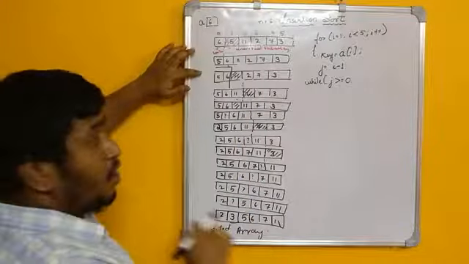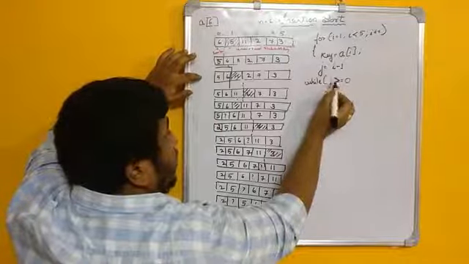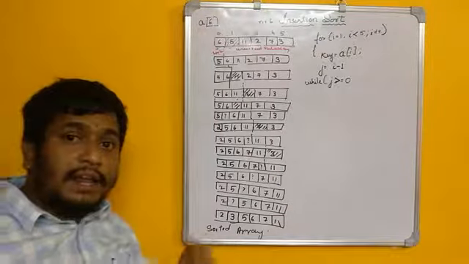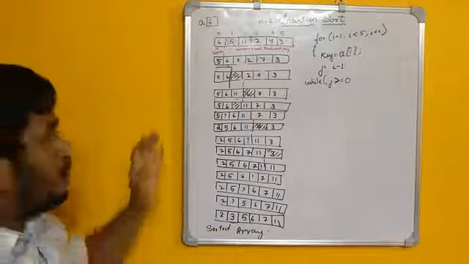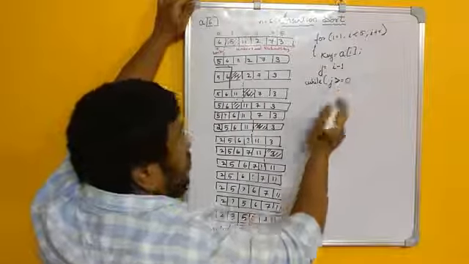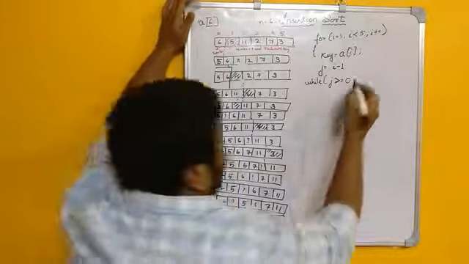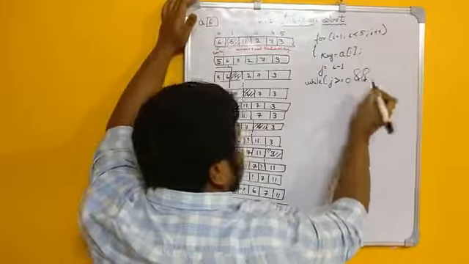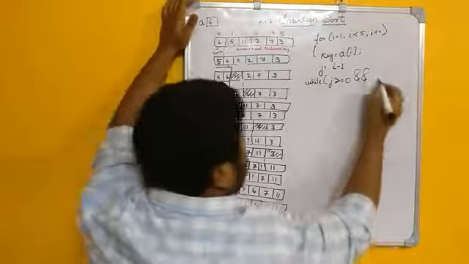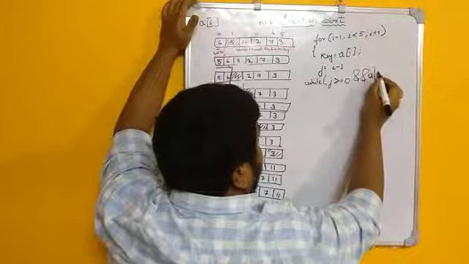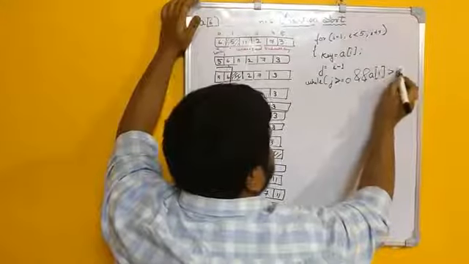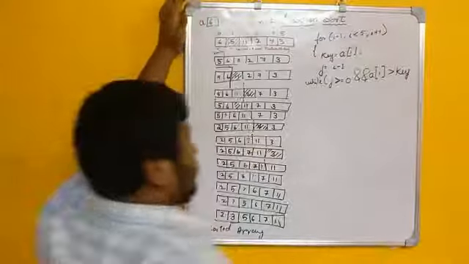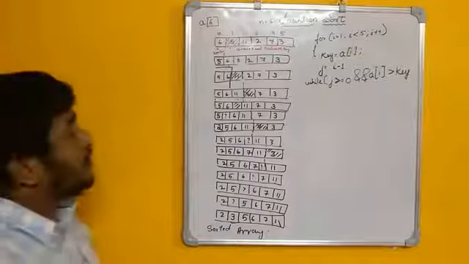So j should be greater than or equal to 0, and A of j is greater than key.